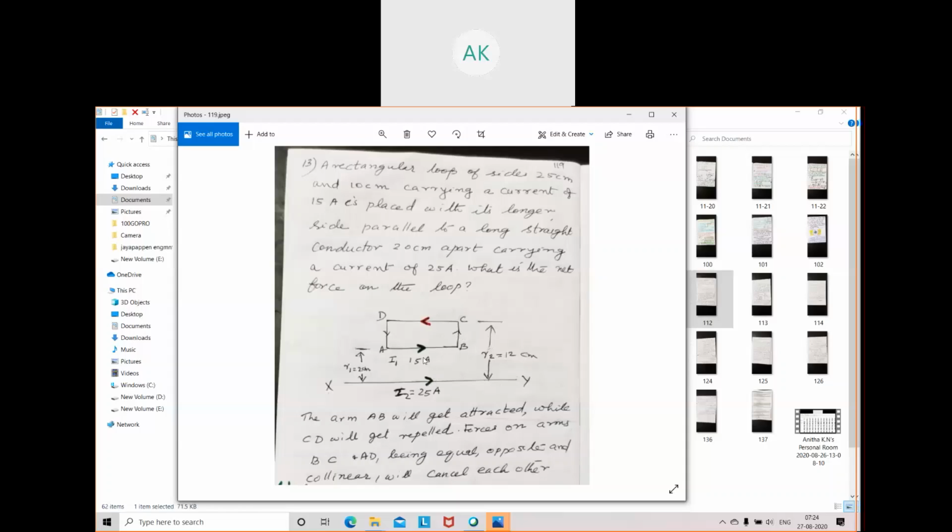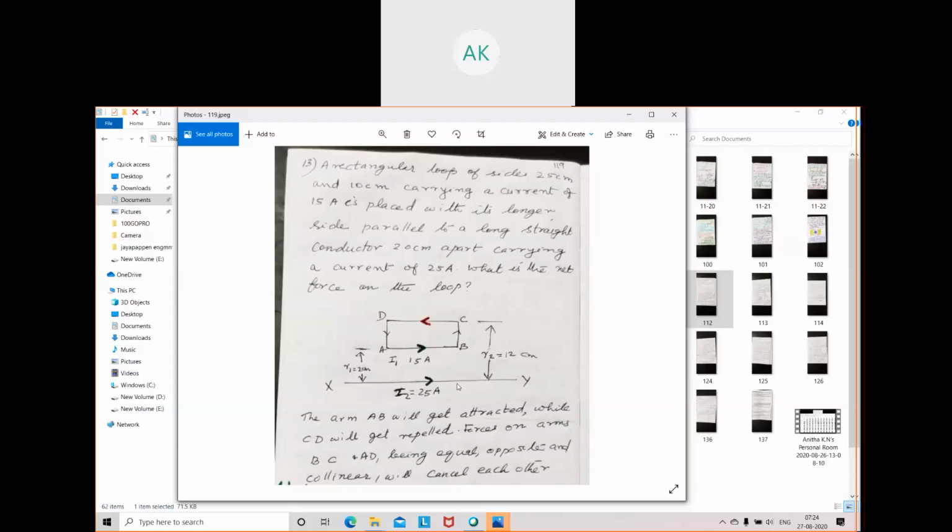Also you must know that the currents in AB and XY are flowing in the same direction, but the currents in CD and XY are flowing in opposite directions.